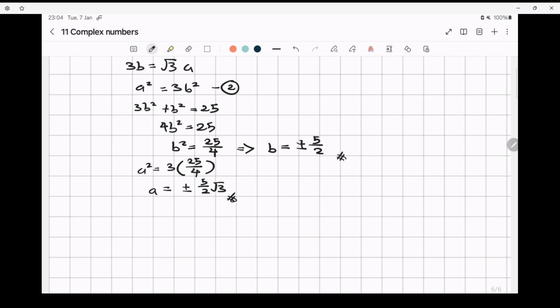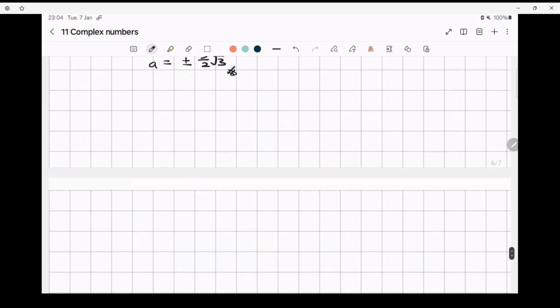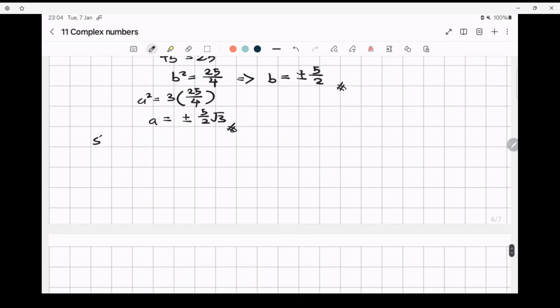So should we take the plus part or the minus part? So the question would be, should we take the positive part or the negative part?